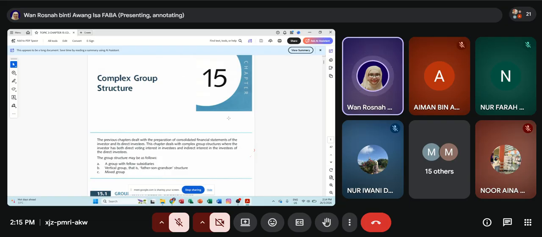In your previous semester, I believe you have learned how to prepare consolidated financial statement for a single group or single subsidiary, like we did in previous chapter.